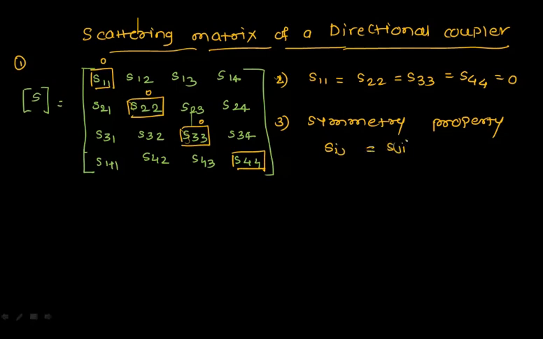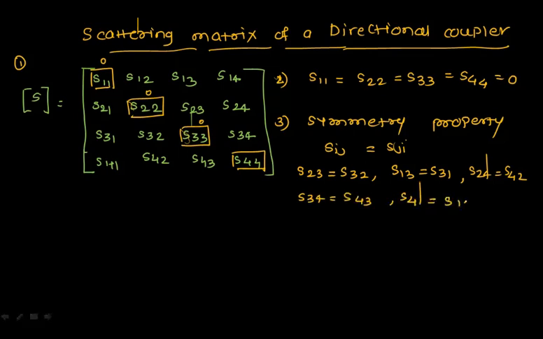So in this case, I can replace S23 is equal to S32, then S13 is equal to S31, and S24 is equal to S42. And similarly for other things. Here S34 is equal to S43, S41 is equal to S14.